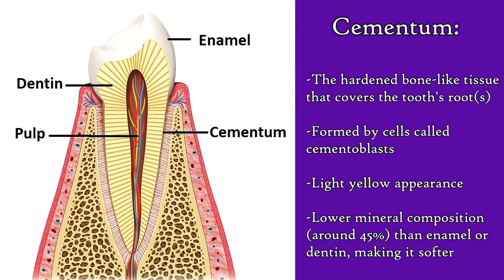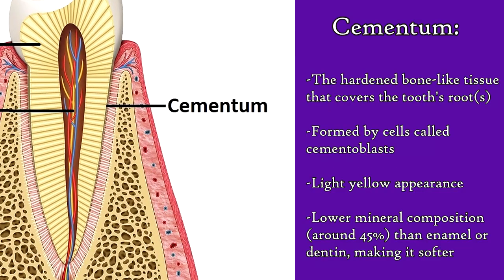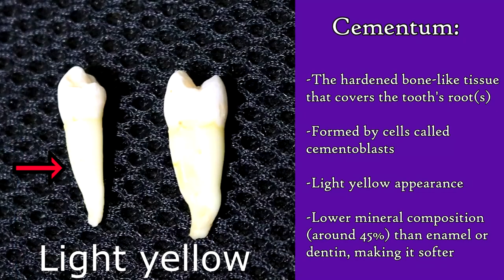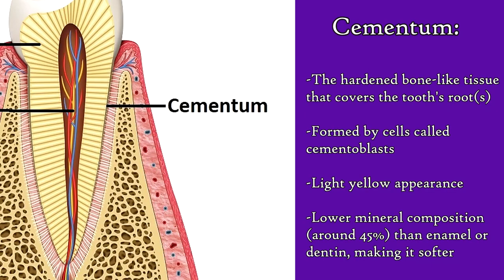Another type of tissue found in the tooth is cementum, which is the hardened bone-like tissue that covers the tooth's root. It's formed by cells called cementoblasts, and cementum has a light yellow appearance, as you can see, and it consists of a lower mineral concentration than both enamel and dentin, making it softer in comparison to those tissues.